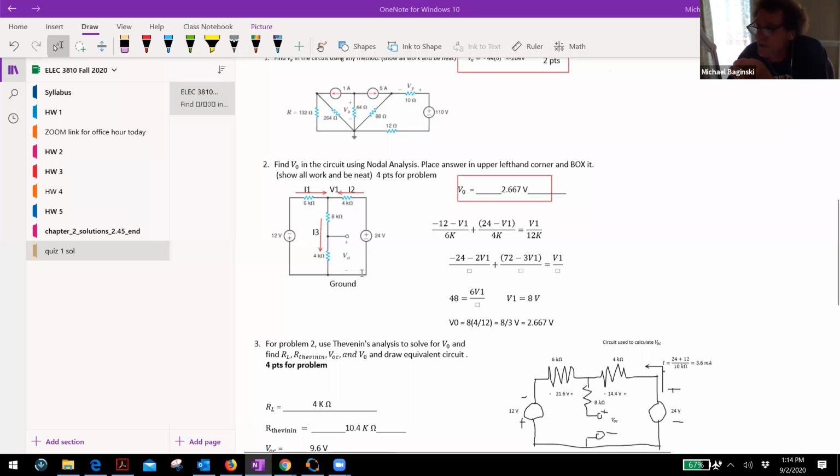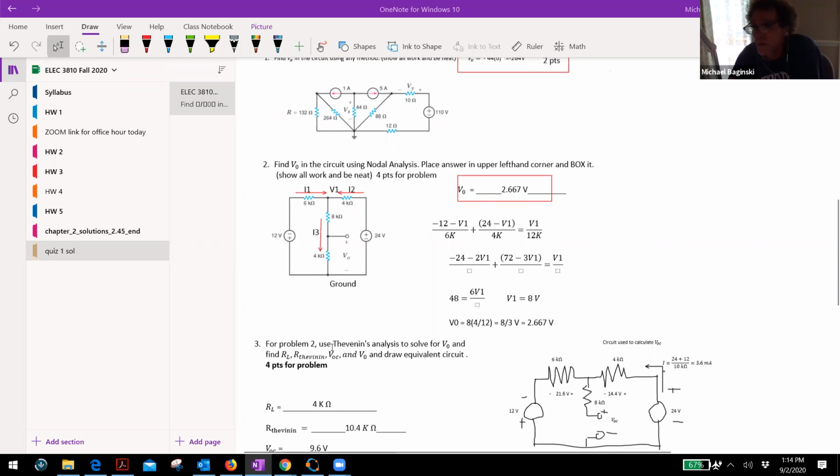Do you agree with me, class? That's 2.4K, right? 6 times 4 is 24, 6 plus 4 is 10, 2.4K ohms, plus 8K, which would be 10.4K, right? So that's our Thevenin. Do y'all agree with that?